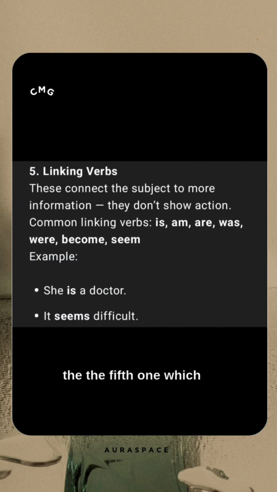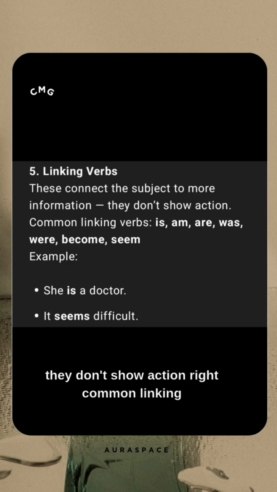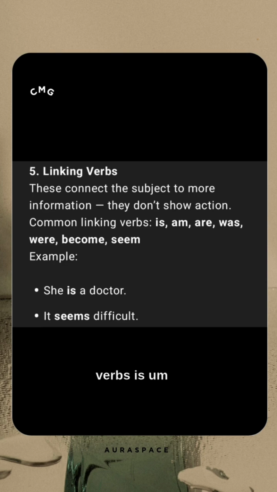Now let's move to the fifth one, which is linking verbs. These connect the subject to more information. They don't show action. Common linking verbs are is, are, was, were, become, seem, and I think we have feel also.